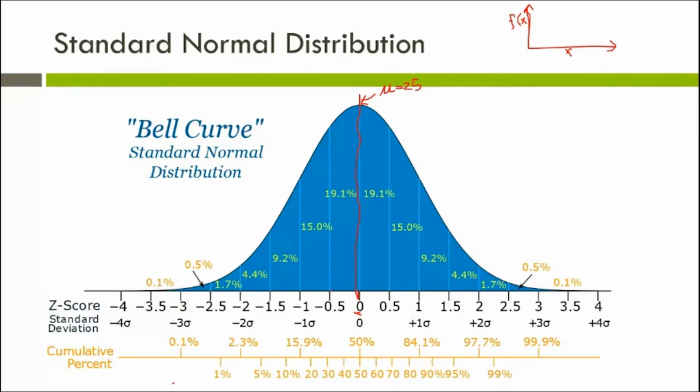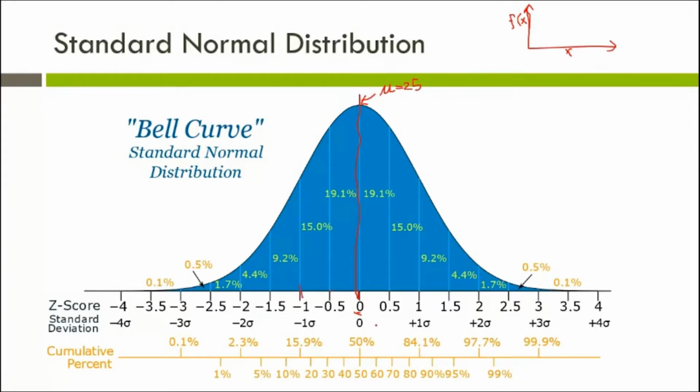As you can see in the image, you will see there are different z-scores and the cumulative percentage. So you have here a z-value which is negative 0.5, negative 1, and so on. We can also see here that this value here is negative 1 sigma away from our mean.